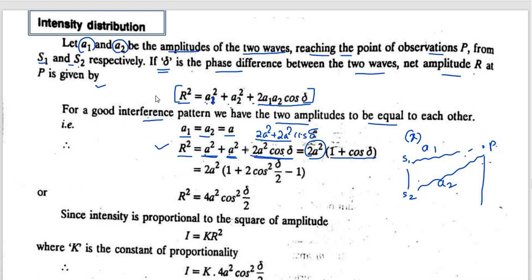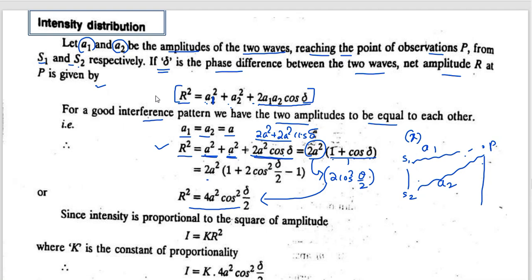What is 1 plus cos delta? You can use the formula 1 plus cos theta equal to 2 cos square theta by 2. With your 2A square, that will be 4 into A square cos square delta by 2.